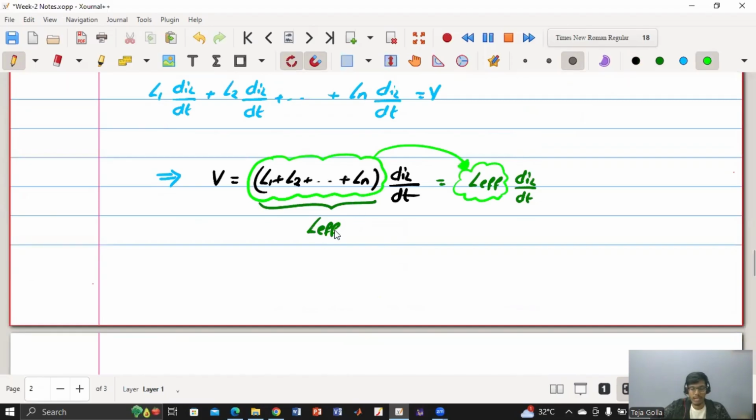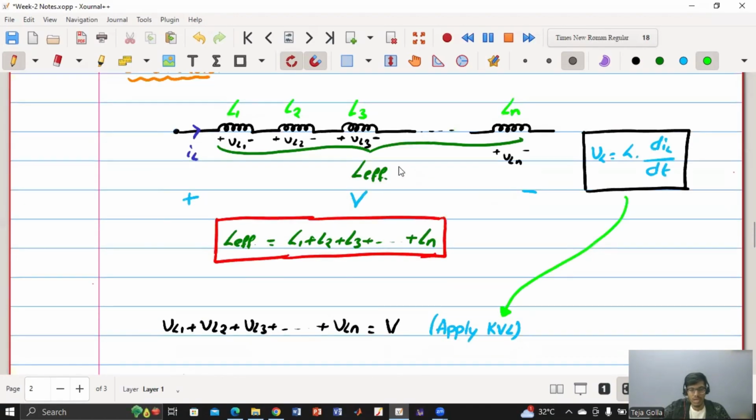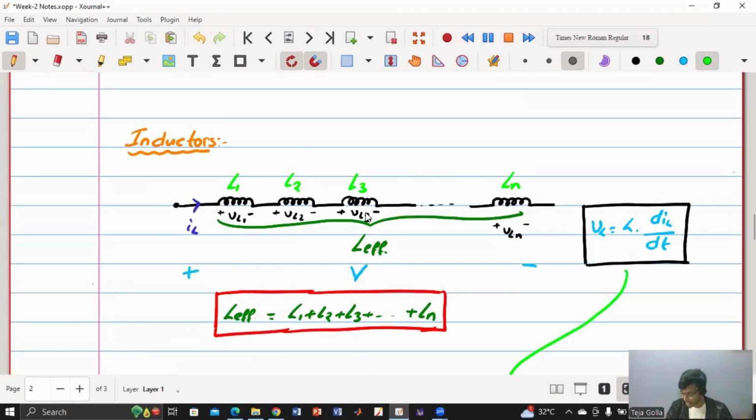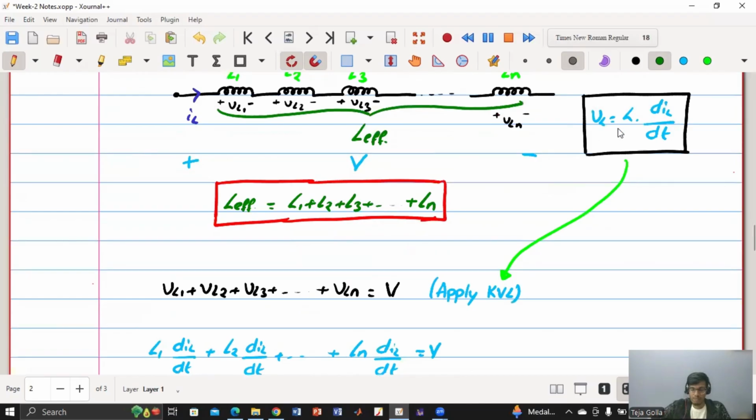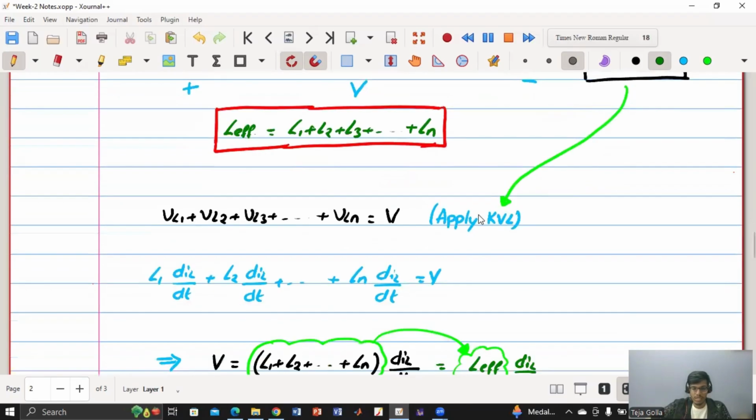So all these inductors are replaced by a single inductor with the value L effective, and we get this by using the IV characteristics of the inductor and applying KVL.